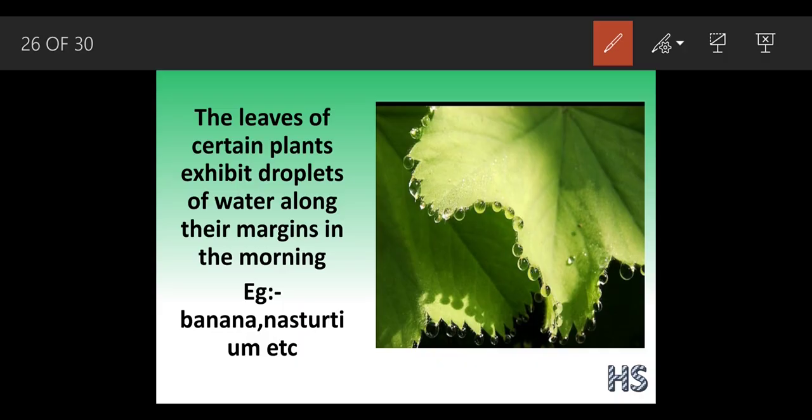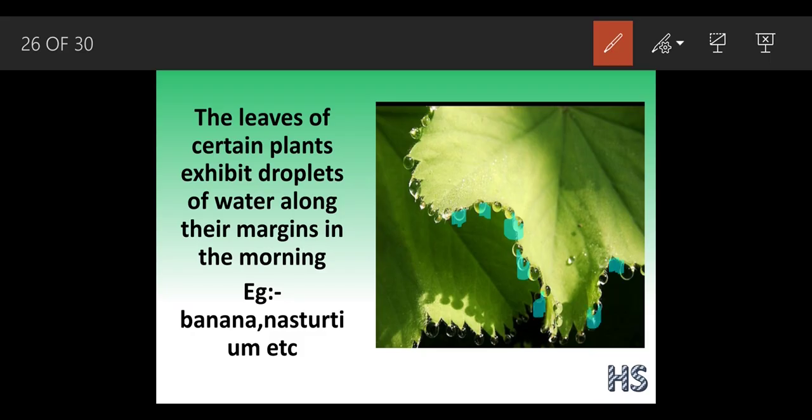The reason is that in the morning and in the late nights the temperature is quite low. Example: banana and nasturtium. We can see this leaf and these water molecules at the same time. See this, there are a lot of water molecules present on the margin.